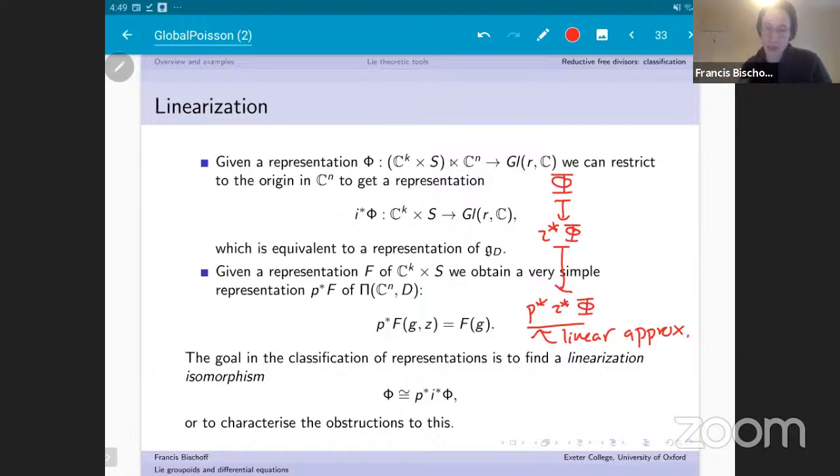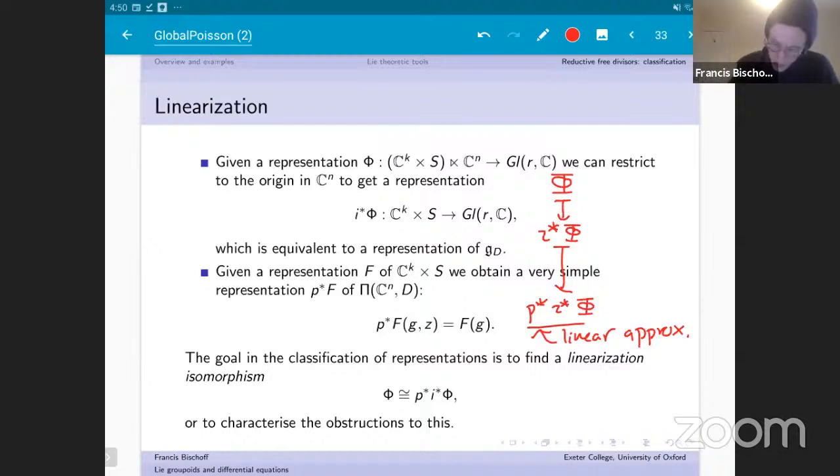The goal in the classification of representations is to find a linearization isomorphism between our given representation and its linear approximation. Or at least if we can't do this, we'd like to characterize what the obstructions to doing this are. In fact, there are obstructions to doing this. Not all representations can be linearized.